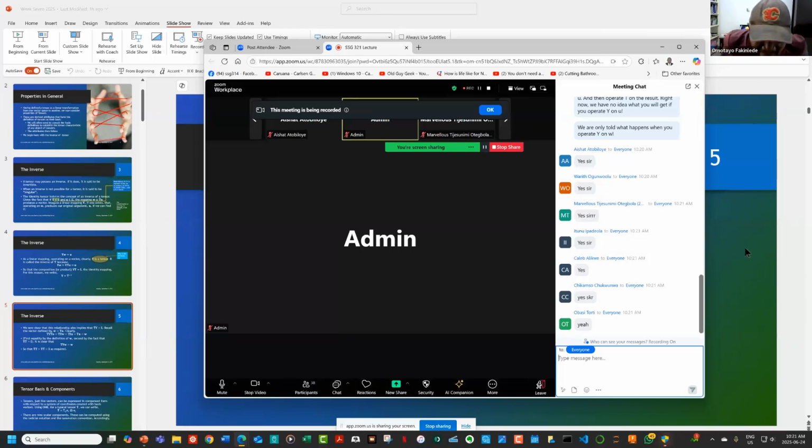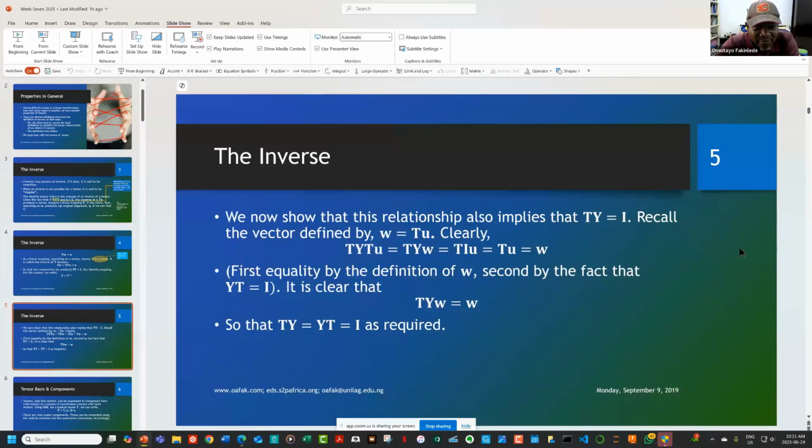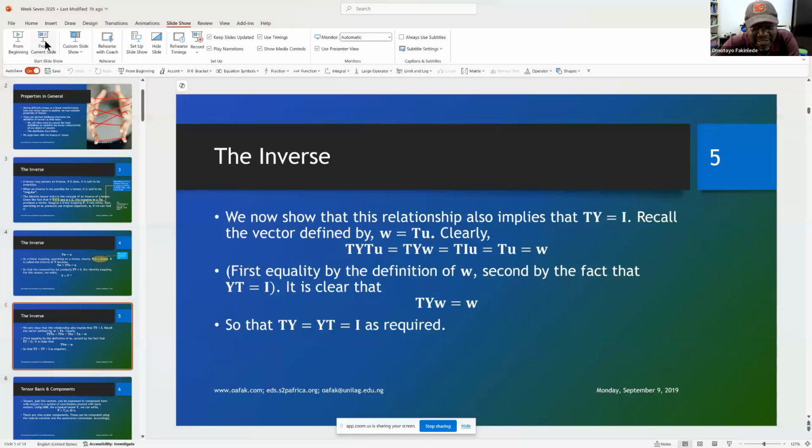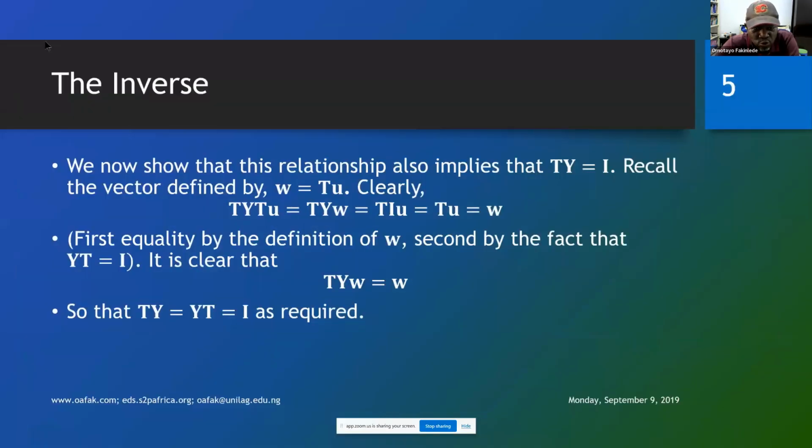To prove that they will get the same result, let us begin here. We say that W is equal to TU. But we said earlier that YT is an identity.